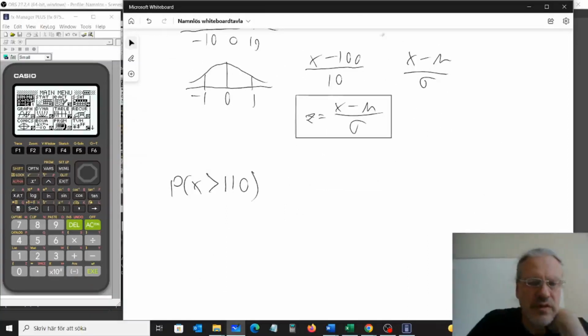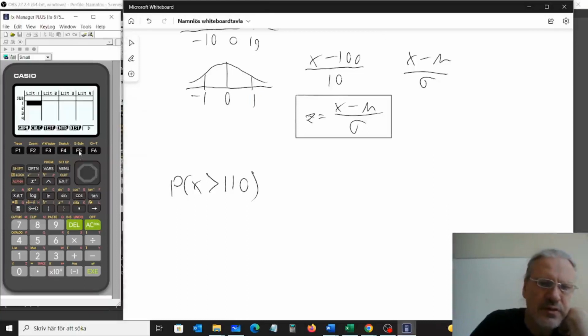So we can go into our calculator, we go to stat, we go to distribution, normal, cumulative, we enter the lower value of 110, an upper value, something very big, standard deviation of 10, and an average of 100.